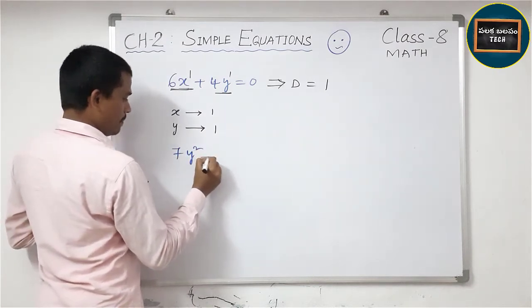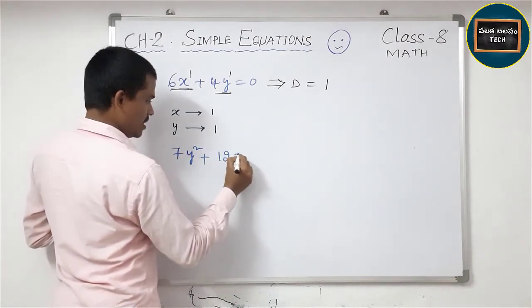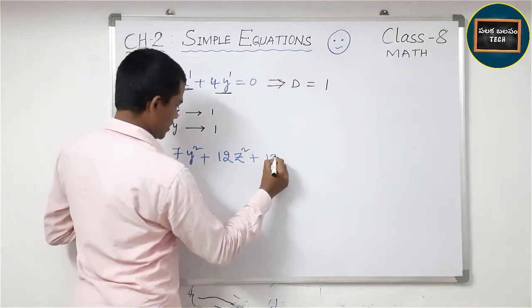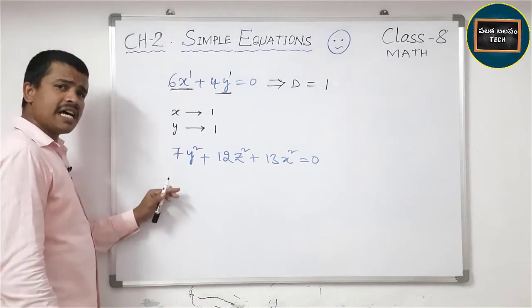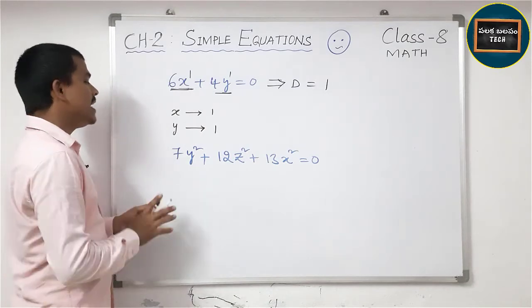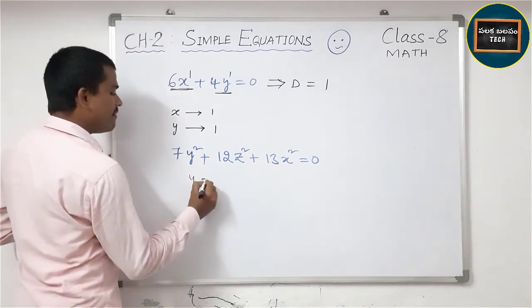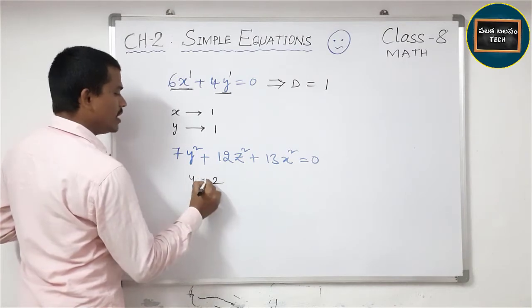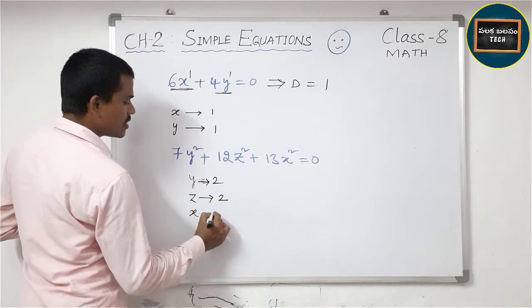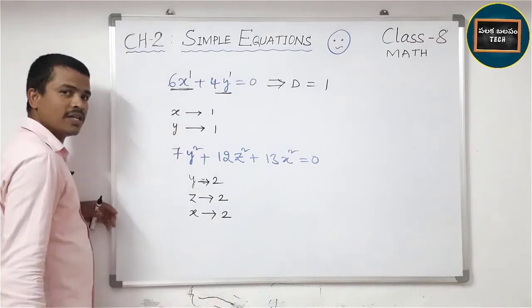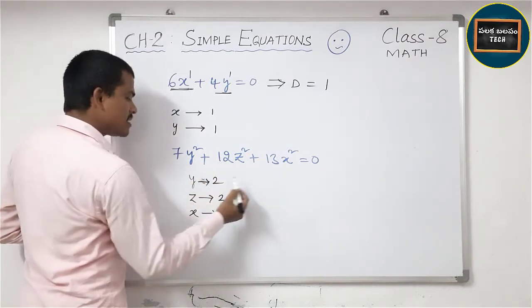7y square plus 12z square plus 13x square equal to 0. It is also one of the equations. In this, the variable y has 2 as the exponent, z has 2 as the exponent, and x also has 2 as the exponent. So the powers of the variables are 2, 2, 2 only.